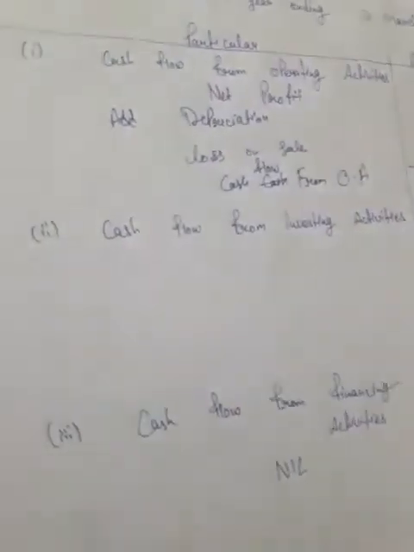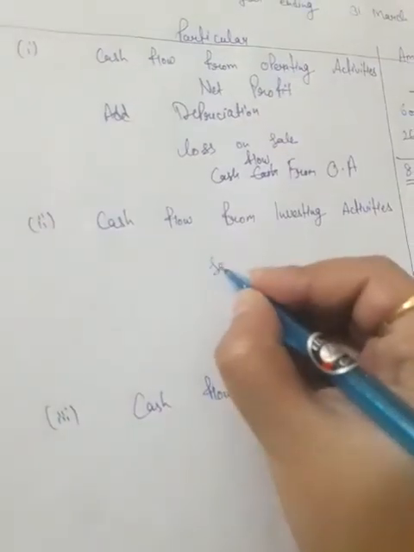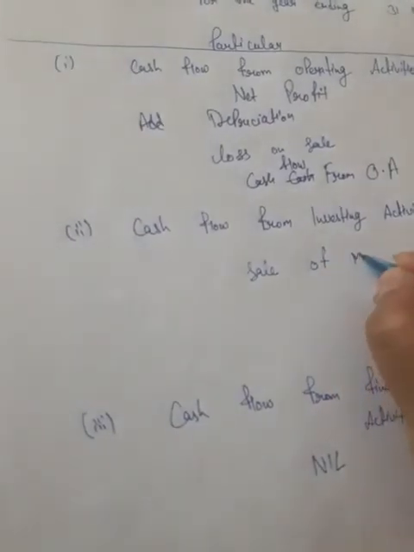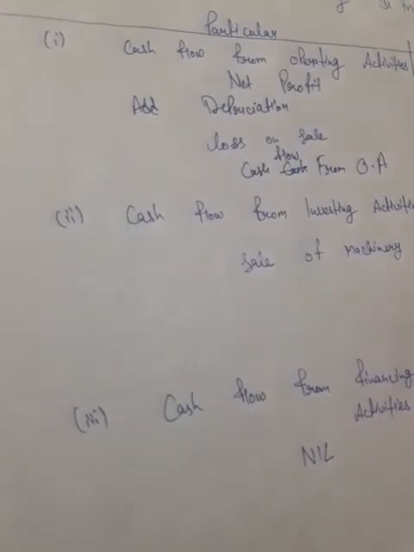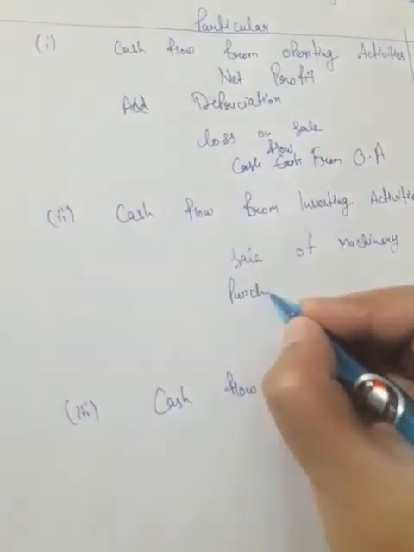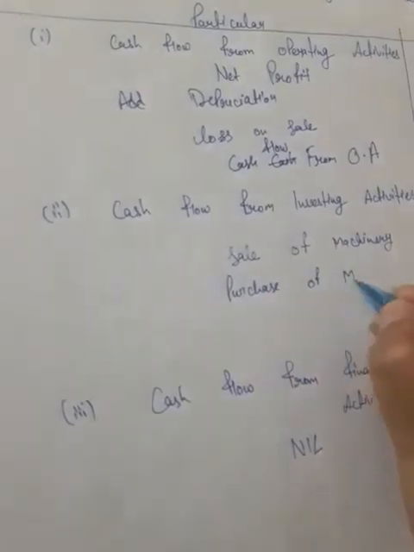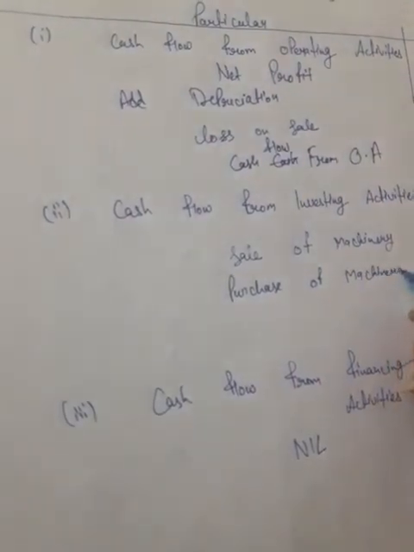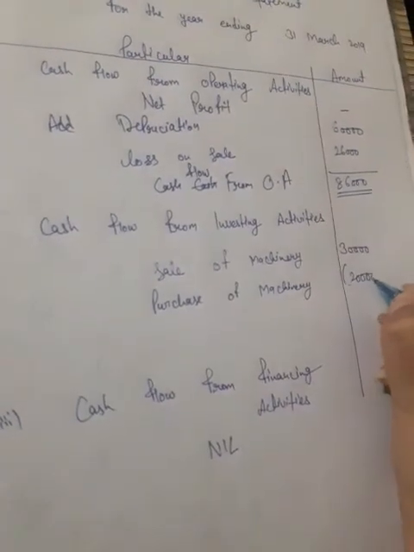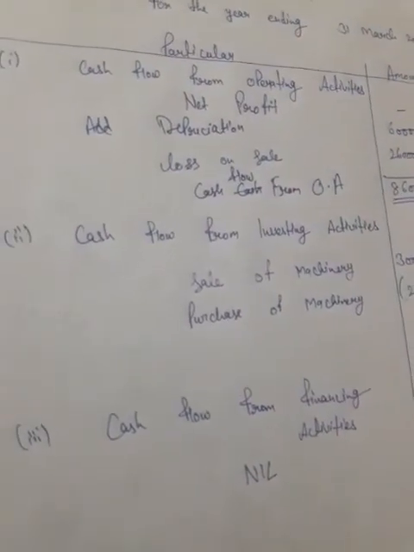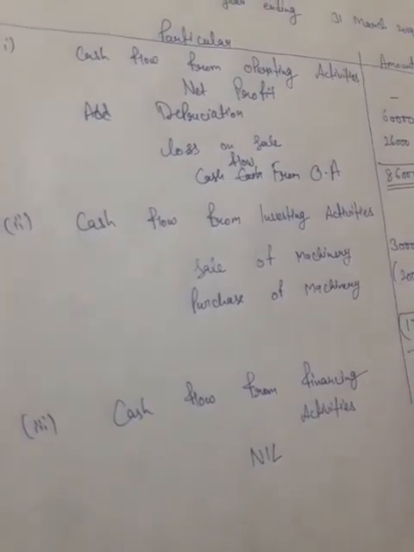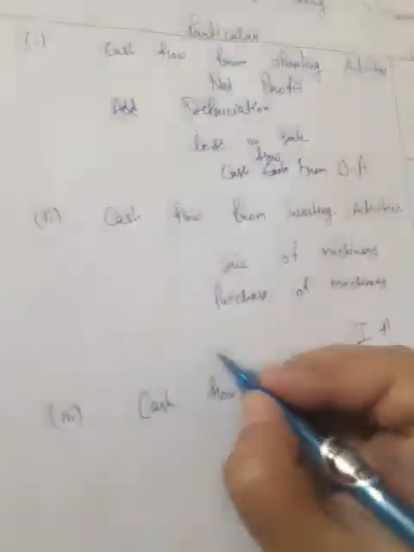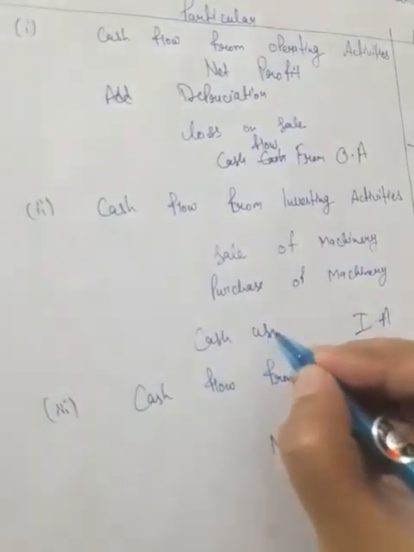Now the next thing, in investing activity, you have sale of machinery. Sale of machinery is 30,000. Purchase of machinery is 2 lakh. Any other information is not given, so that means 1,70,000 is net cash used in investing activity. So this is your illustration number 24.